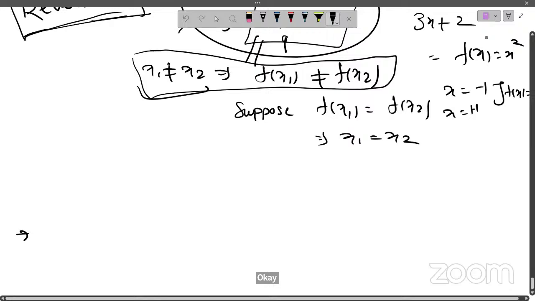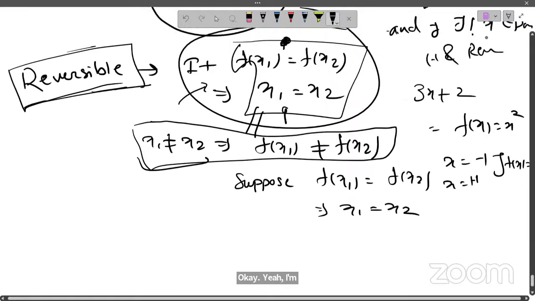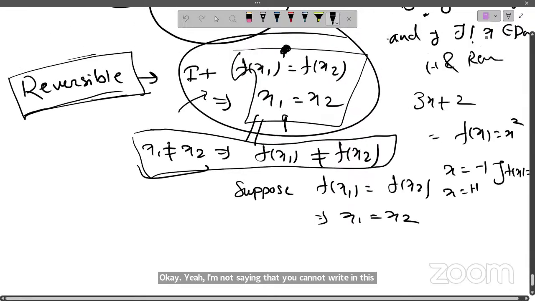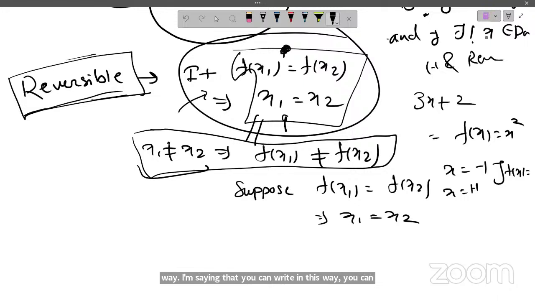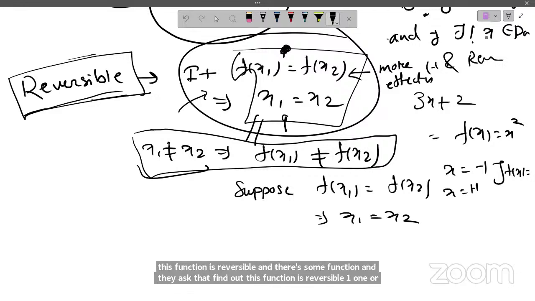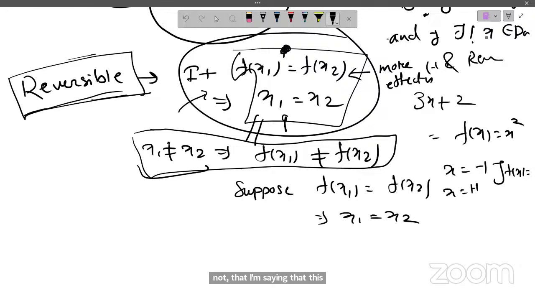You can evaluate in this way, but when you have to do a question and they ask you to find out whether this function is one-one or not, this way is more effective compared to this. These are the two ways of checking whether a function is one-one or not, but this way is more effective. That's why I'm saying.